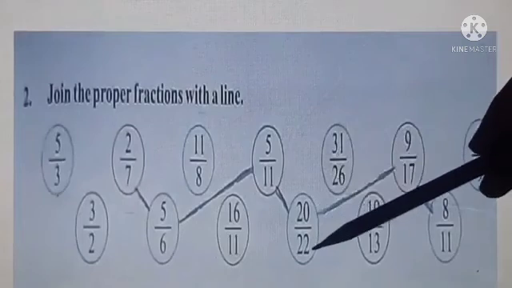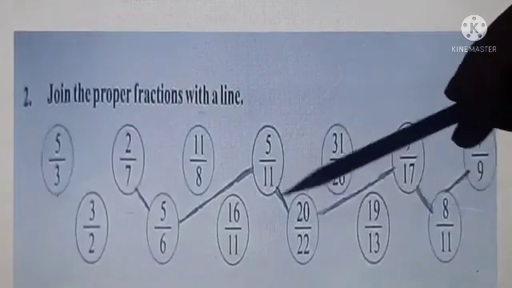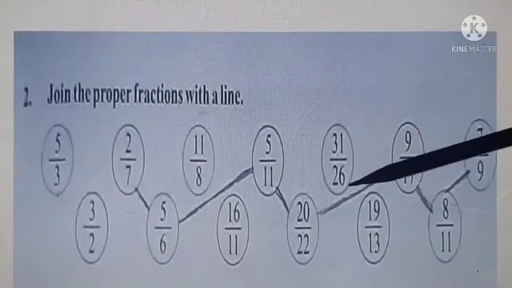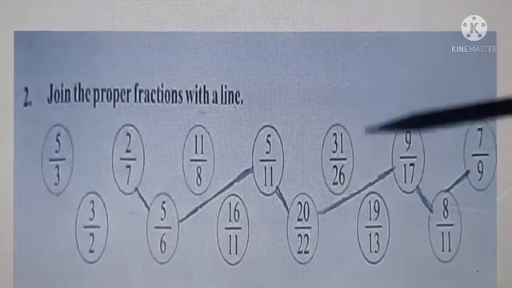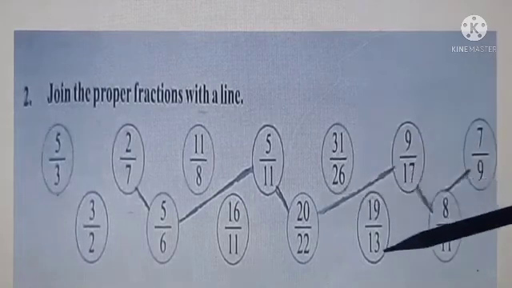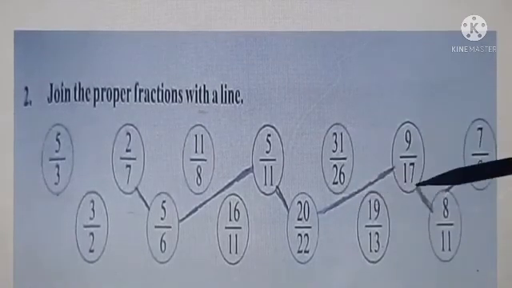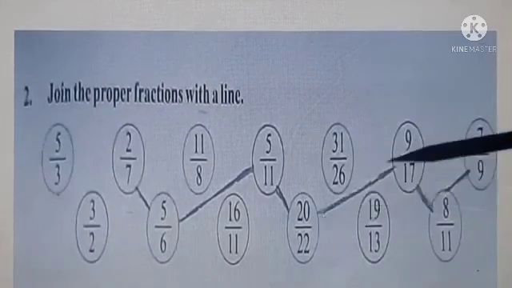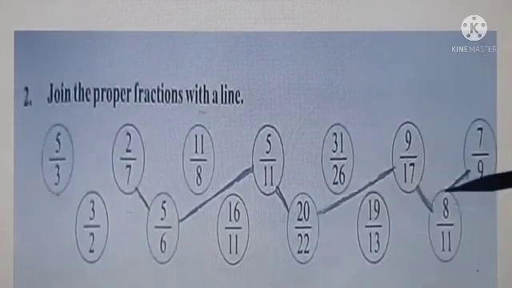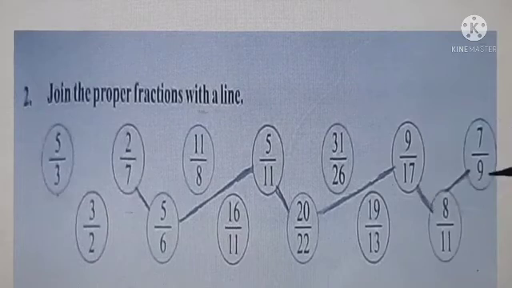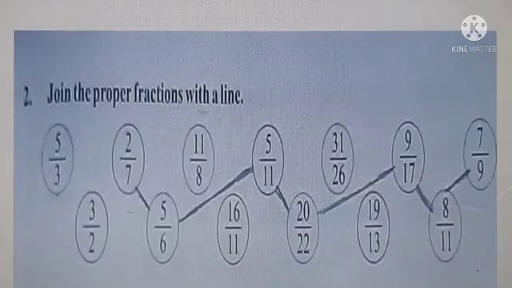Then 20 upon 22, proper fraction, so we will join it. 31 upon 26, improper fraction, so we will leave it. 19 upon 13 is improper fraction, so we will leave it. 9 upon 17 is proper fraction, so join it. 8 upon 11, proper fraction, so join it. 7 upon 9, proper fraction, so join it. So we have to join only the proper fractions with a line.